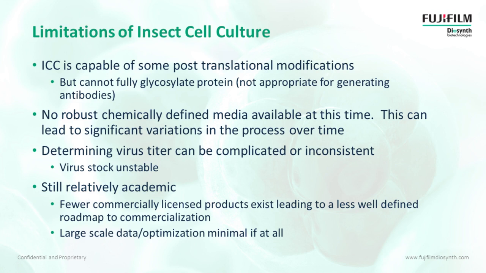And we try to keep the same media between seed train and production. And so it's really hard to have something fully chemically defined that can be used for both stages of the process. And not having something that's chemically defined can lead to a lot of variations in the process over time. Whatever you're developing may be different 10 years later when you're using very undefined media components.